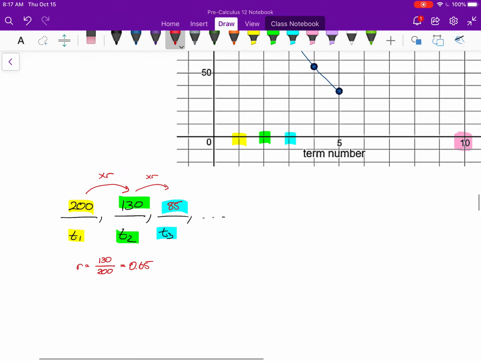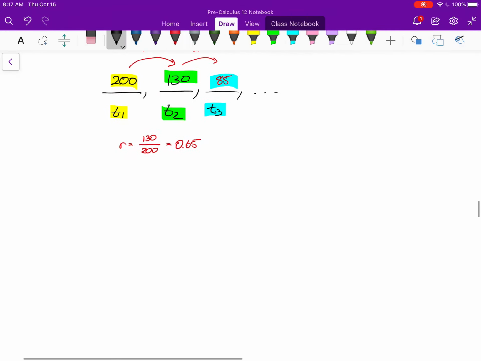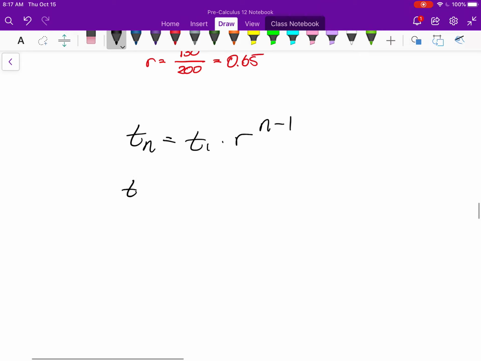Now that I know my common ratio and my first term, I can find the 10th term really quickly. Any term can be found by the first term times the common ratio to the power of n minus 1. In this case, I want the 10th term.